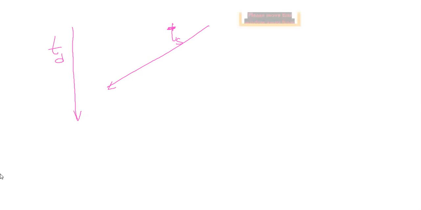Only two formulas have time in them. V is equal to U plus AT is also useful, but we already have S. We can find it from either, and I'll show you that both give the same answer.